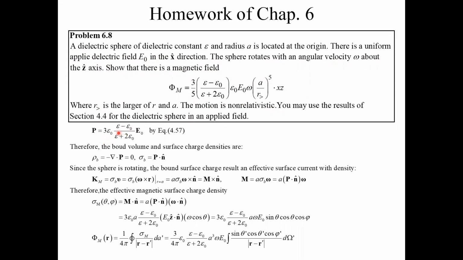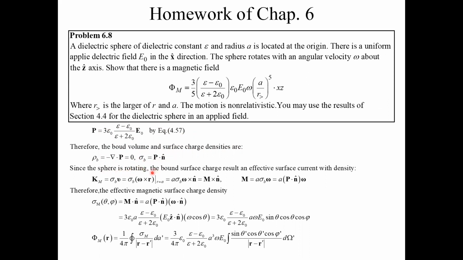And you recall the polarization from equation 4.57 will be like this, and our bound volume and surface charge density will be like this with these two formulas. Our bound volume charge is 0 and the surface charge will be like this.